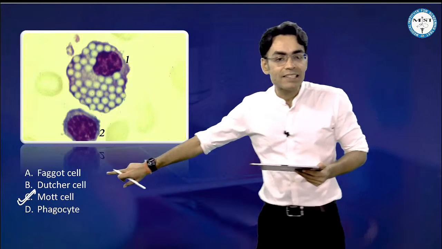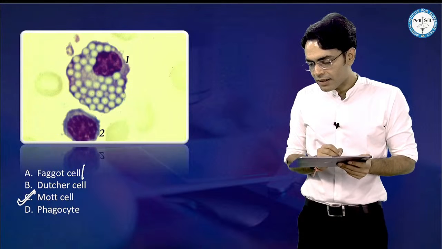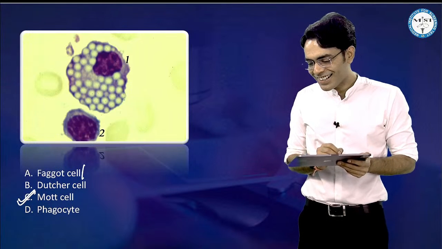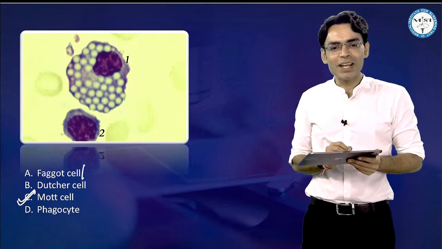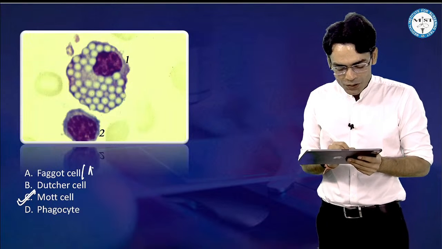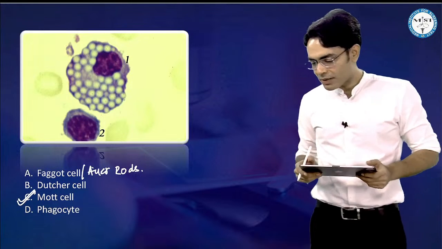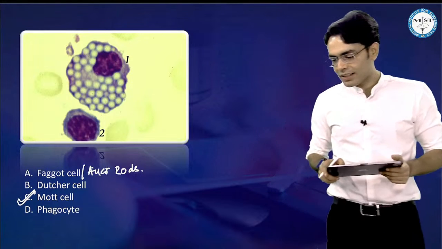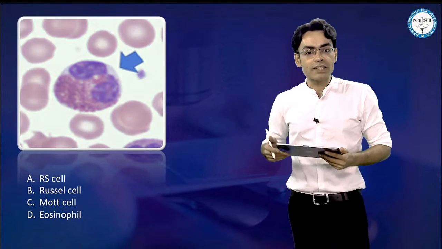But this faggot cell, faggot cell is also called as Auer rods. Okay, Auer rods sometimes are also called as faggot cells. So do not confuse them.